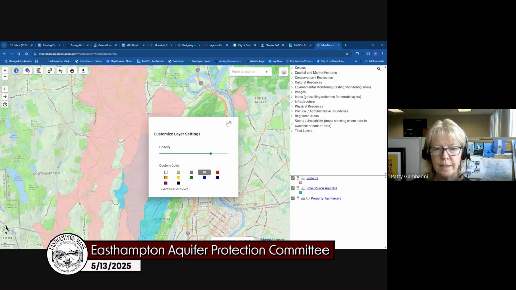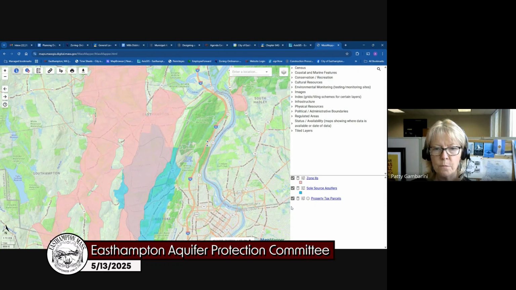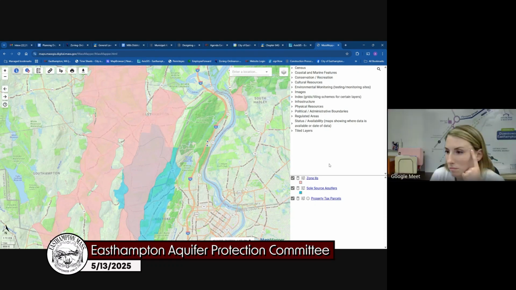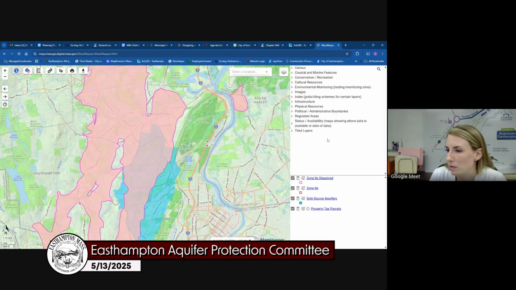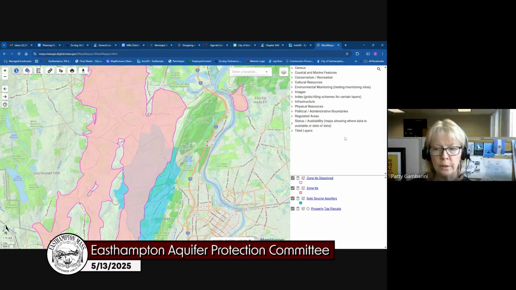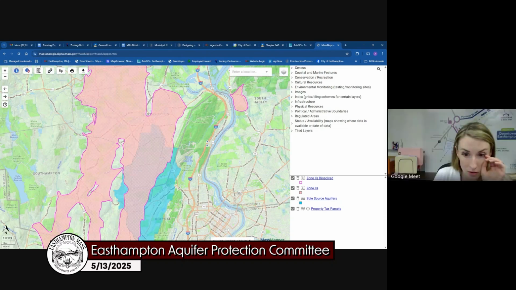So see how different that is? Yeah, that's definitely more. So what does dissolved mean? I'm not sure. I think one's a point, like you can get the wells. It'll give you the circle around the wells too. When you were saying dissolved earlier, I didn't know how to do that, but if it's just a layer, I gotcha.